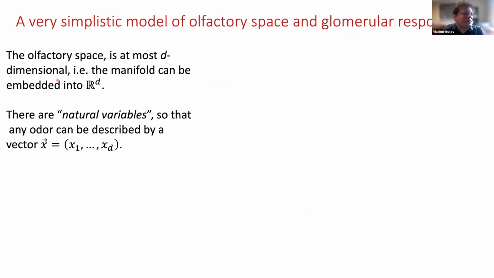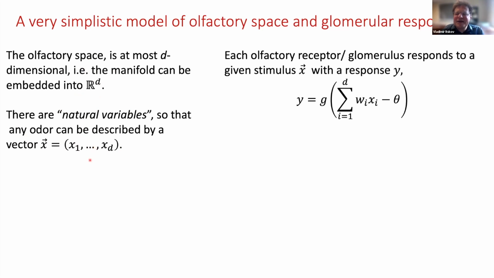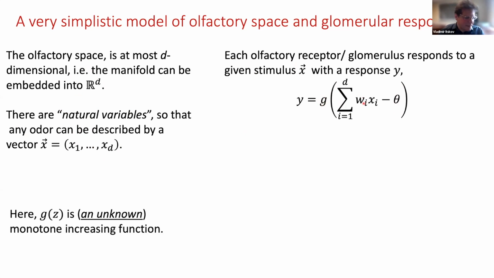So let's say we have a d-dimensional olfactory space, and let's say there are natural coordinates there, let's say just Euclidean space. There are d natural coordinates. And let's say each particular olfactory receptor does something extremely simple. It's literally a linear function passed through some unknown nonlinearity. So here, this nonlinearity G is unknown, but what we do know is it's a monotone increasing function, right?